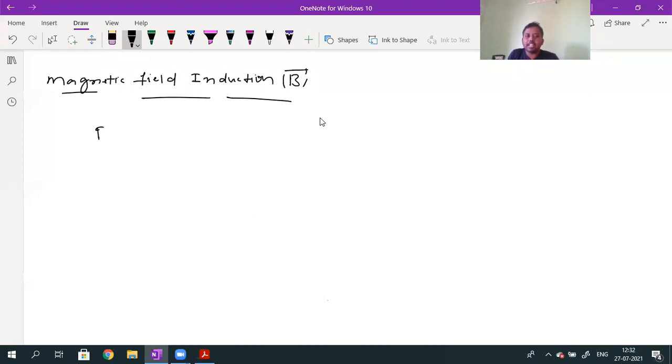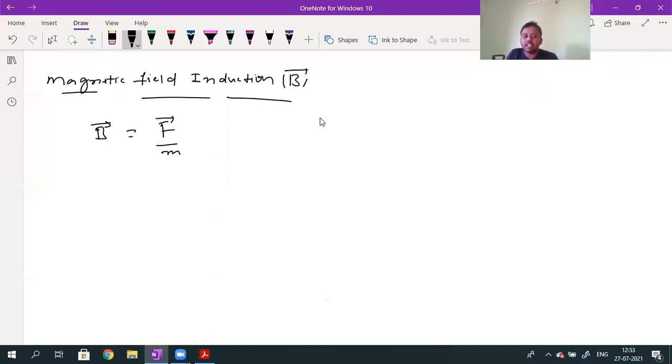Magnetic field induction at a point inside the magnetic field is defined as the force acting on the unit north pole placed at that point. So B bar is given by F bar divided by m. What is B bar? Magnetic field induction. Another name for this is magnetic flux density.